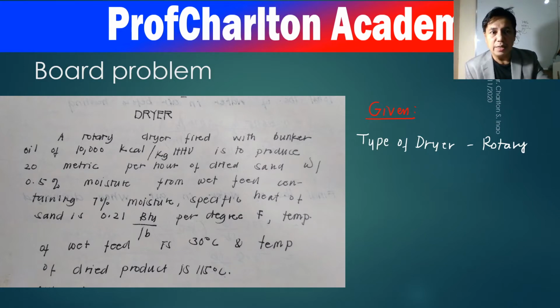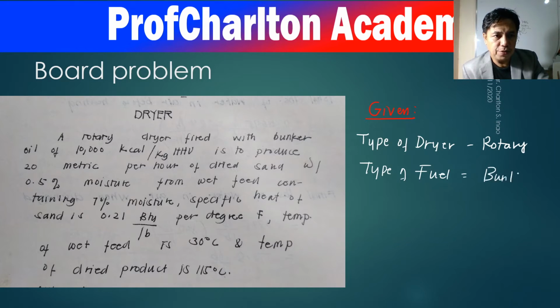So it's a rotary dryer, and then there is a bunker. So what do we know about the bunker? The type of dryer is rotary. Then this is the type of fuel, right? So we know that the bunker is a low grade fuel.